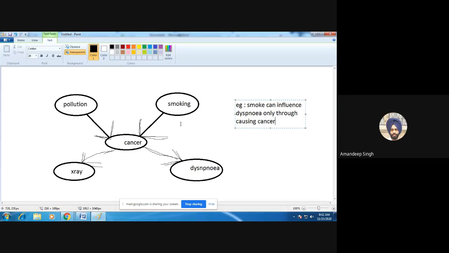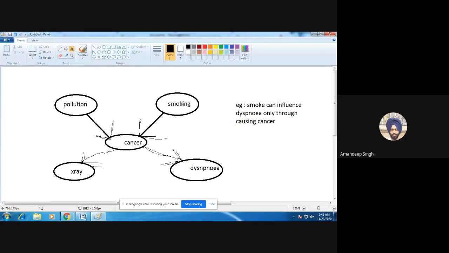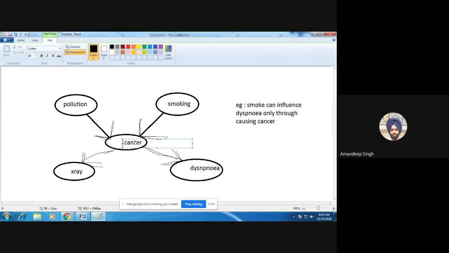But the thing is, smoking is causing this cancer, and if this extreme disease happens in the patient, then the patient can also feel shortness of breath.